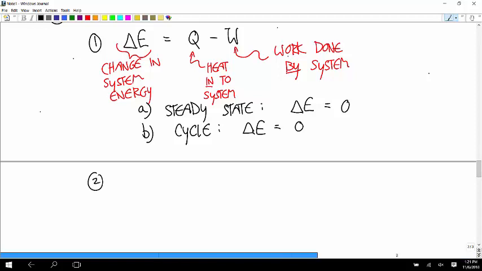And then second, we talked about this in the differential form: dE/dt is equal to Q dot minus W dot.